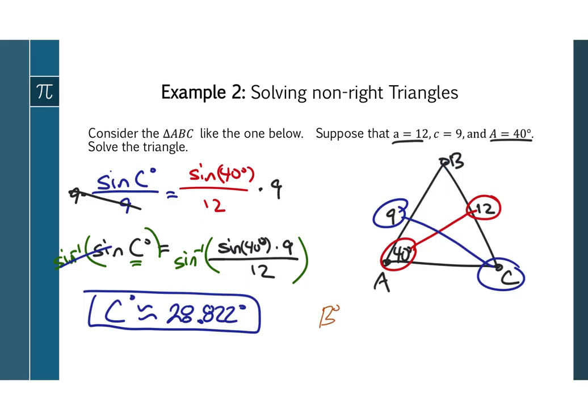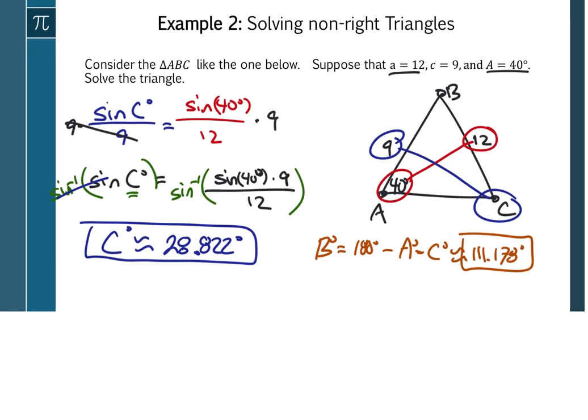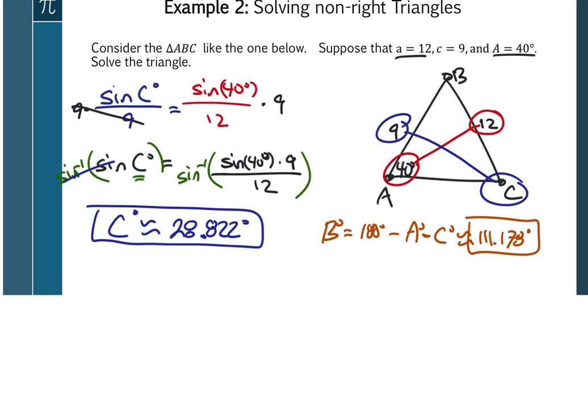So angle B here is equal to 180 degrees minus both A and C, which will give us an approximate angle of 111.178 degrees roughly for angle B. Now again, on your calculator, you can copy and paste the whole decimal and all the digits, so that when you use angle B to find a little b, you'll be able to have that as an exact answer, and then you can round it later.